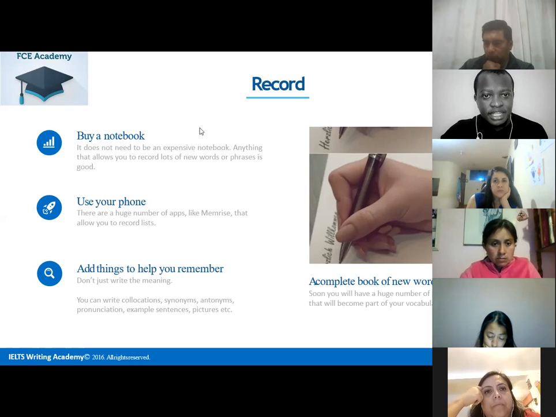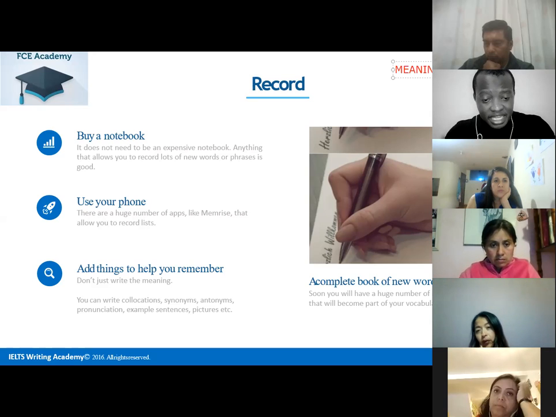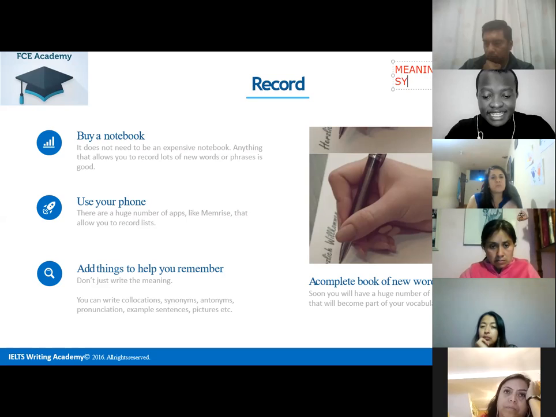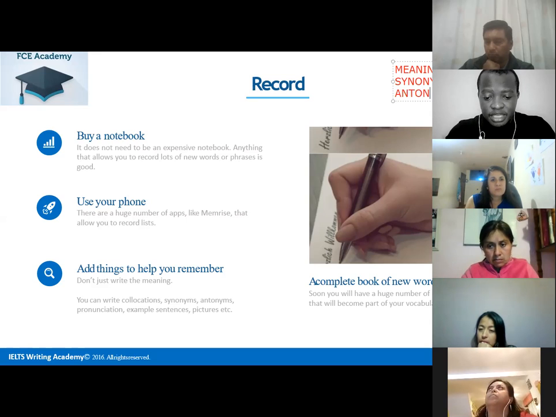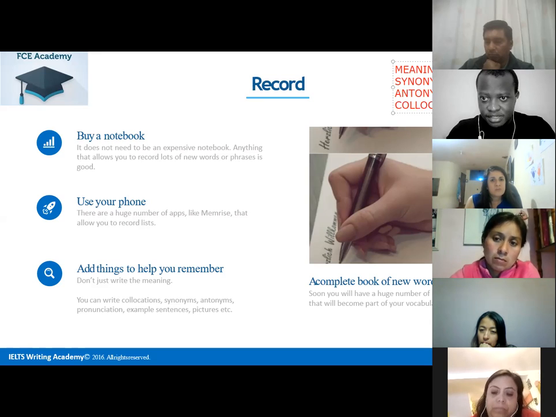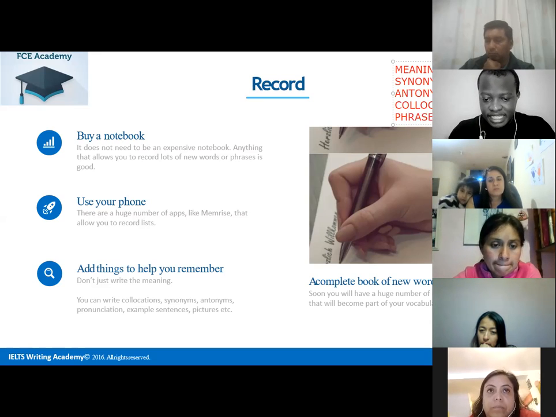You can write down the meaning, significado. You can write the synonym, okay? You can write the antonym. You can write collocations. You can also write down phrases using that word.